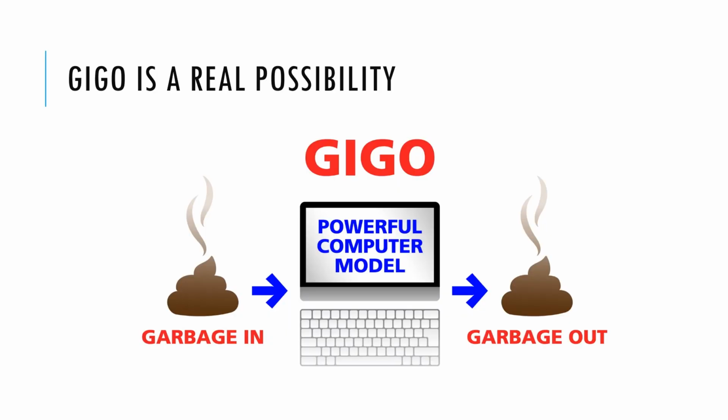So what does all this mean? Because we can make mistakes, and the way fundamentally this type of solution works, the computer can make lots of different errors. GIGO, or garbage in, garbage out, is a real possibility.